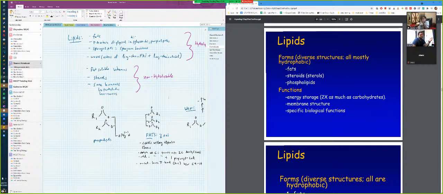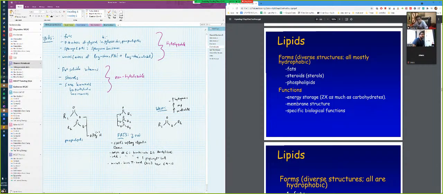Since they're only saying fats, steroids and phospholipids, you can just write those for lipids instead of all the ones that I have. But for instance, you can see the structure. So you can start by this fat structure over here.